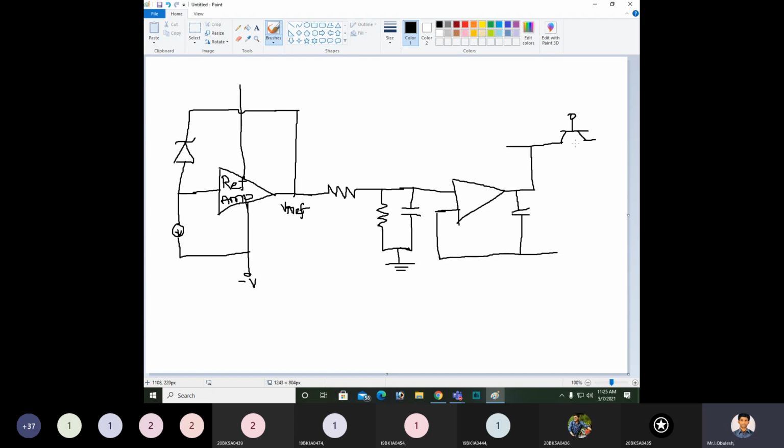This is the Q2 transistor. We have a Q1 transistor.